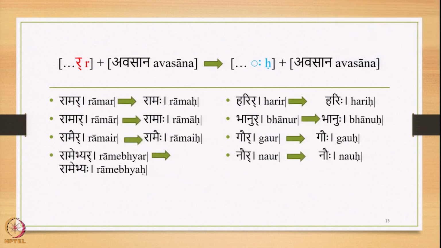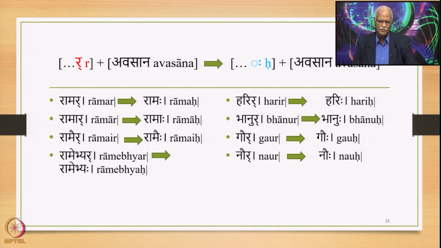Let us take a look at a few examples where R is followed by Avasana and that becomes an input, and 8315 applies and the output generated is Visarga plus Avasana. So for example, you have Ramas and then Sa becomes R and you have Ramar.